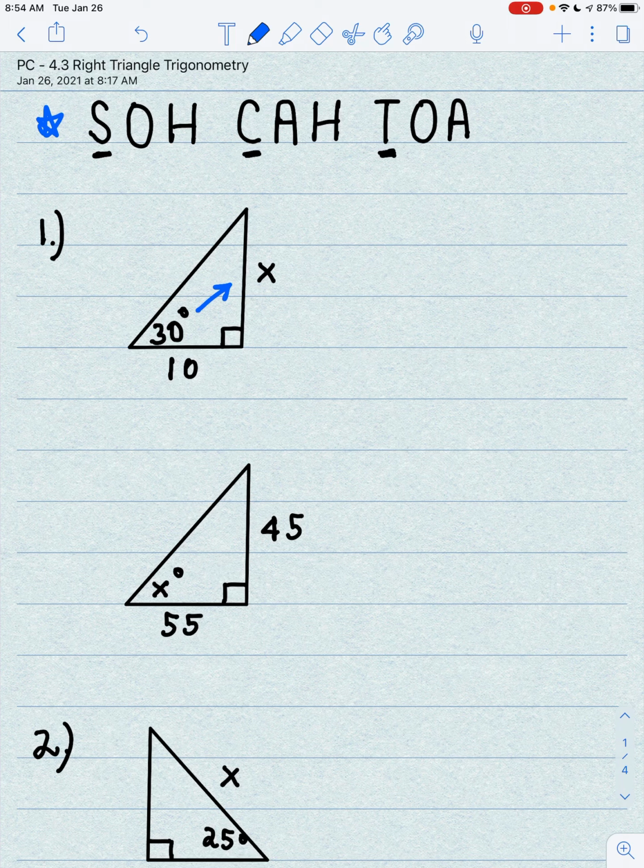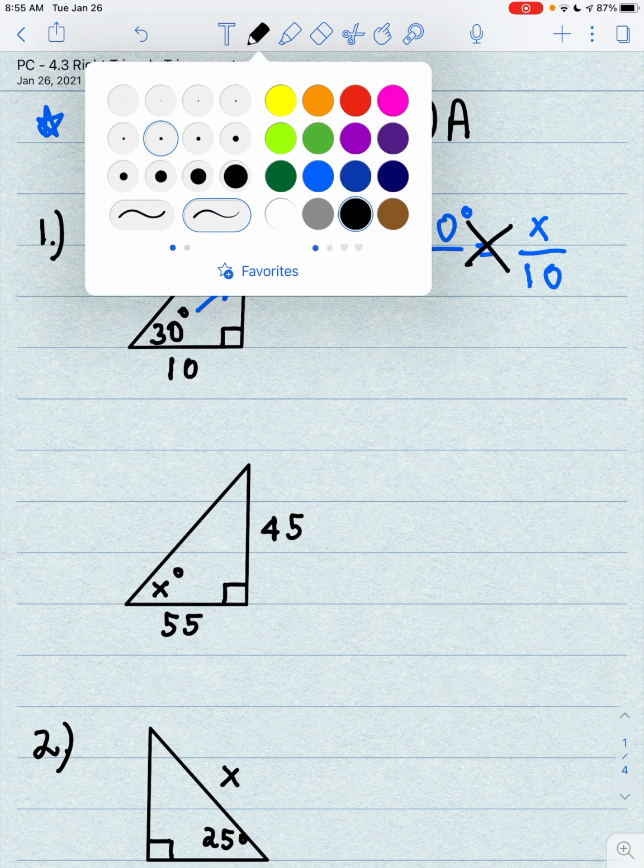That means that we want to use the tangent function, and I am going to use the tangent ratio. And since I know my angle, I'm going to say the tangent of 30 degrees over 1 equals the opposite side X over the adjacent side 10. And what I can do there is use cross products to help me solve.